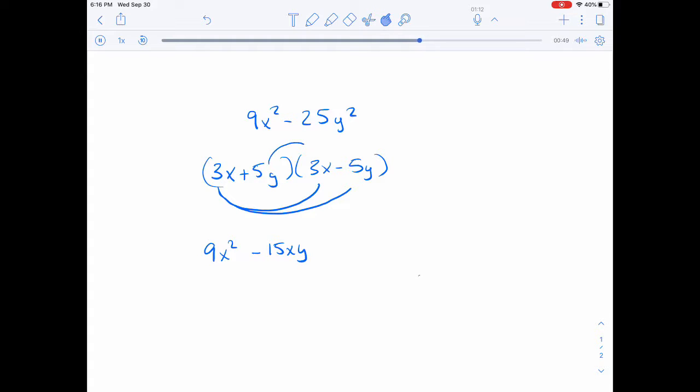Let's distribute our positive 5y to our 3x to get a positive 15xy. And let's distribute our 5y to our negative 5y to get a negative 25y squared. Our two middle terms will cancel one another out. We are left with 9x squared minus 25y squared.